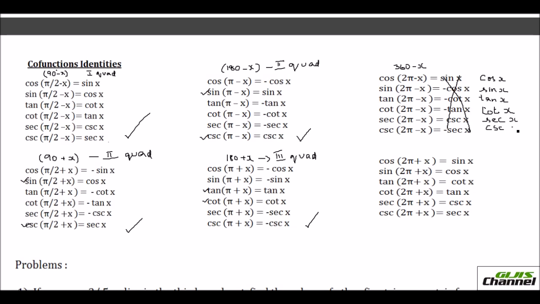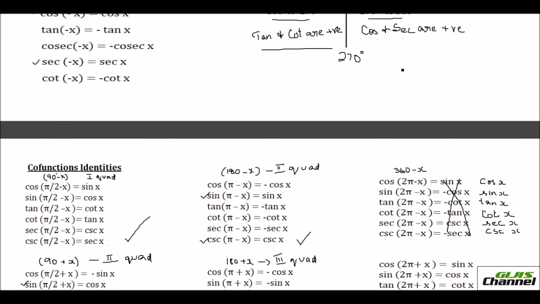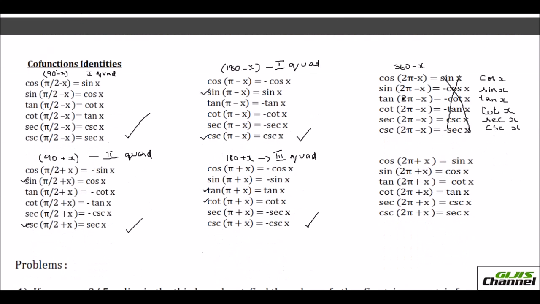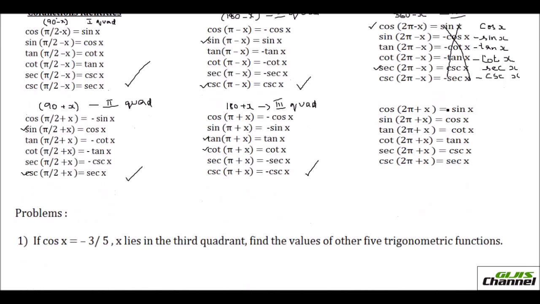Okay. Now let me fix the sign. Since it is 360 minus x, it is in the fourth quadrant, right? So in the fourth quadrant only your cos and secant are positive. The rest you can put negative. All the rest are negative. Understood?